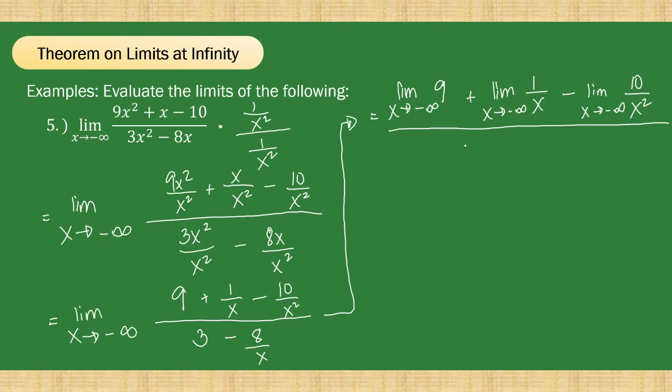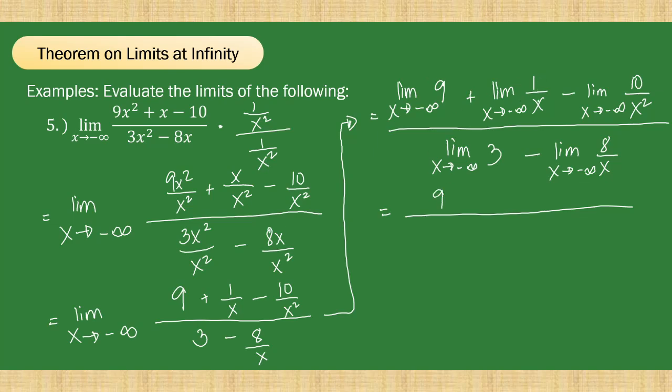All over the limit of 3 as x approaches negative infinity minus the limit of 8 over x as x approaches negative infinity. Yung mga constant, like this first term, we know the answer there is 9.